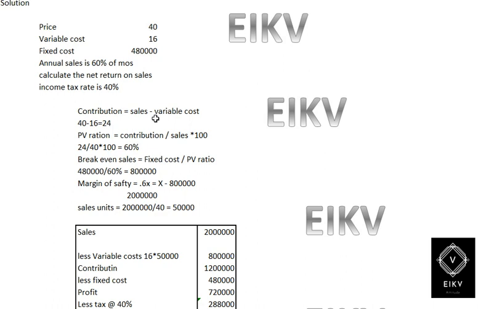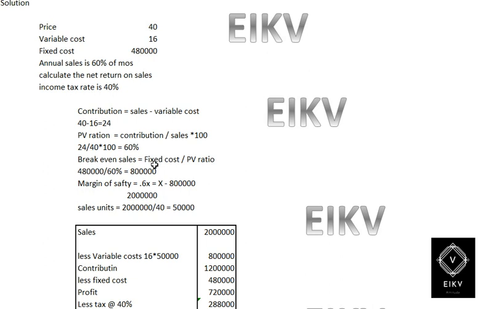So first of all, we will compute the contribution. For the computation of the contribution, we need to deduct variable cost from sales, which gives us 24 rupees. After that, we can compute the PV ratio: contribution by sales multiplied by 100. So 24 divided by 40 into 100 will give you 60%.